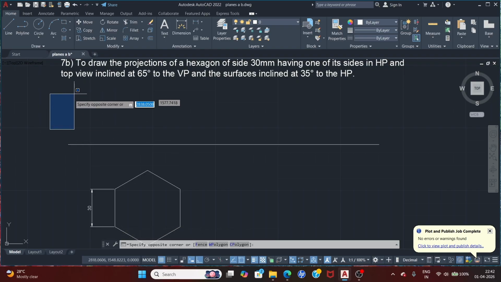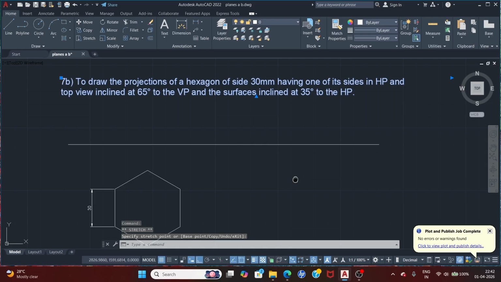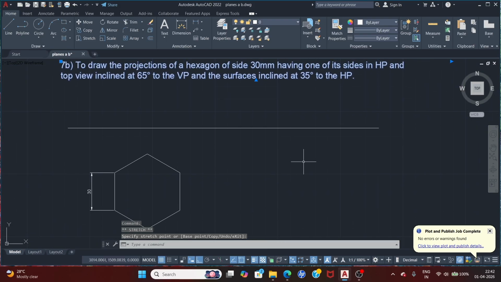So here you can indicate it as A, B, C, D, E like this. Okay, so this drawing is nothing but case one.